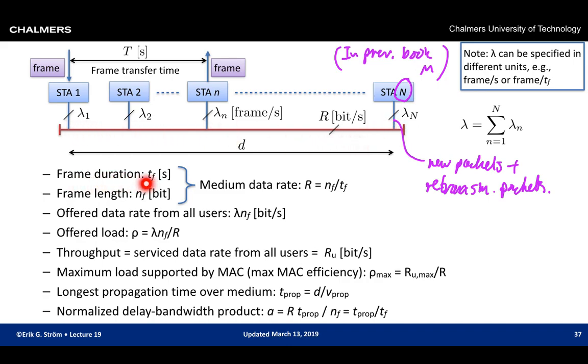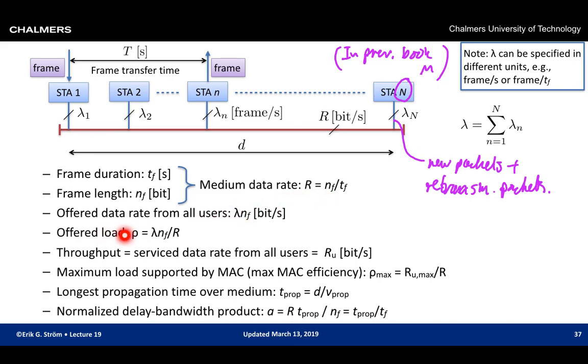If we have some frame duration and some frame length, then we have a data rate which is available. These are related through the data rate of the medium, so R is equal to NF over TF. If one knows two of these, one knows the third.